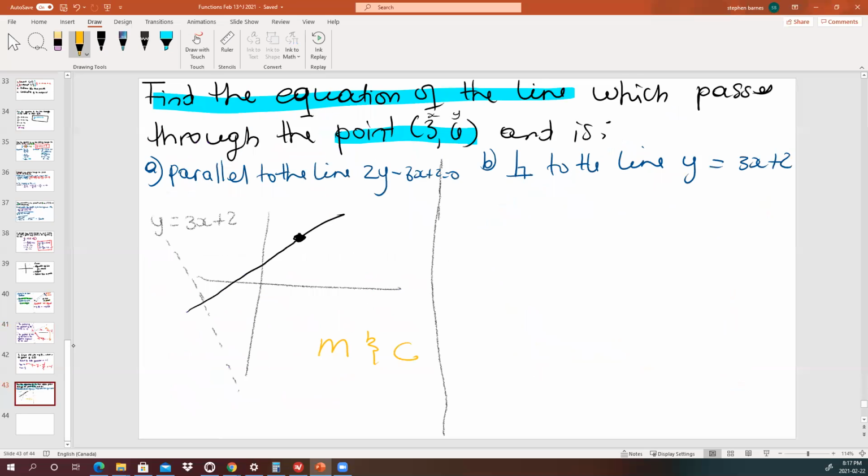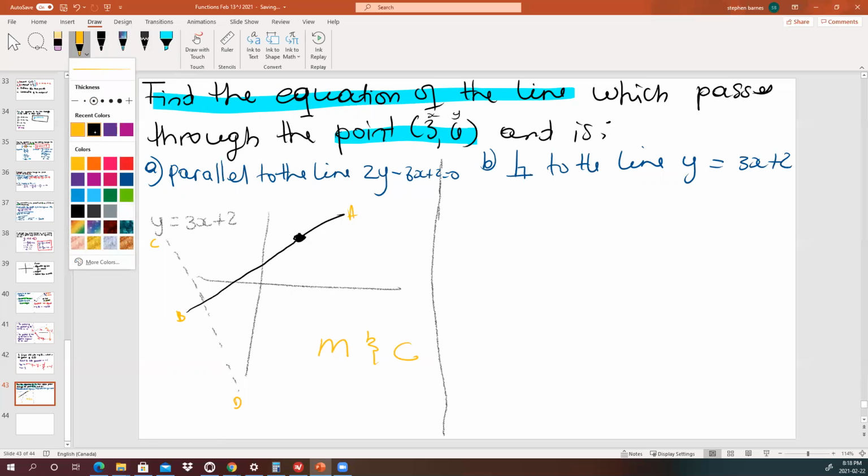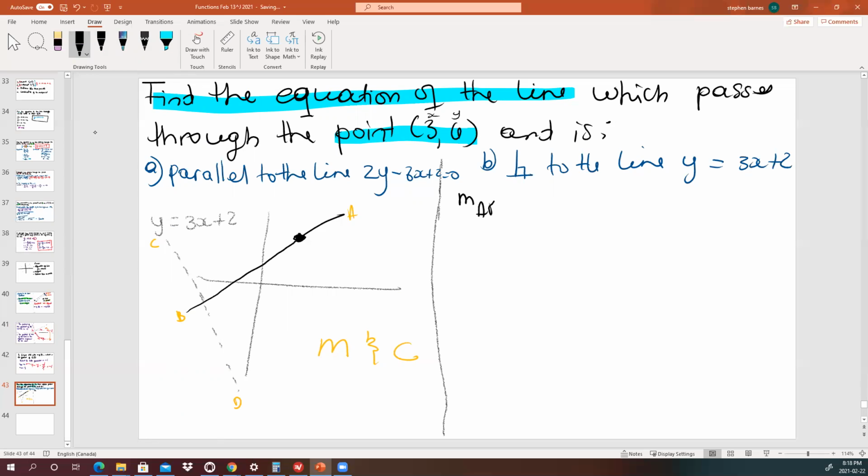I'm going to call this line AB and this one CD, just arbitrarily. So if we multiply the gradient of AB, which is M of AB, and the gradient of CD, you should get -1. That's what the rule says.